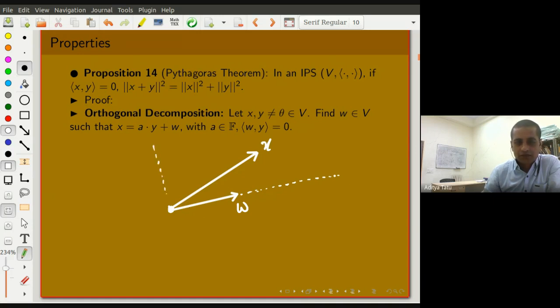Is that always possible? And if yes, how do I find the two vectors? As far as the drawing is concerned, I'm interested in finding this vector and this vector.